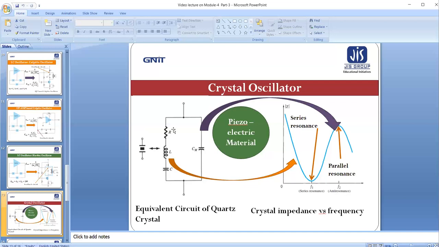Now the quartz material can be represented by an equivalent electrical circuit. See the left hand side, it is a quartz crystal, which is represented by the equivalent circuit. This RLC network is in series, whereas there is another capacitor CM in parallel with this series connection.